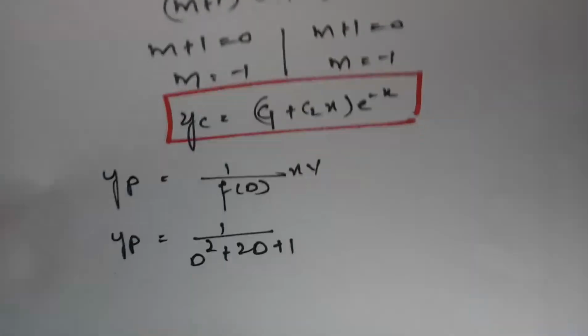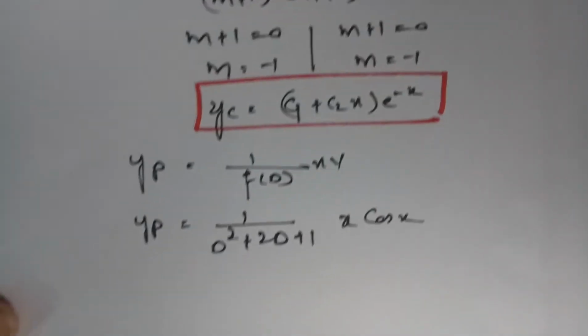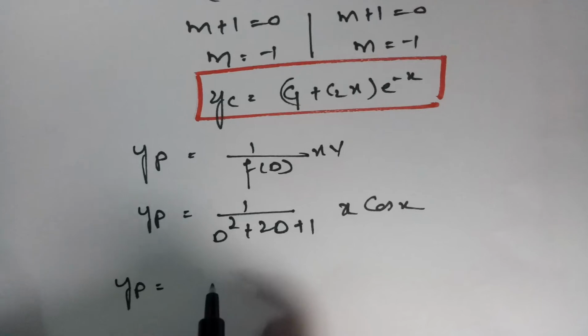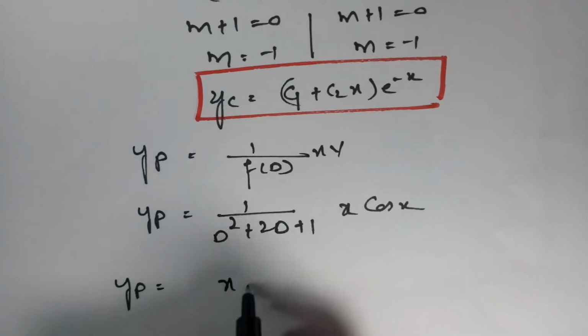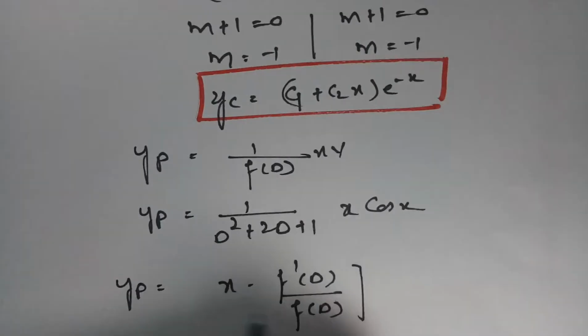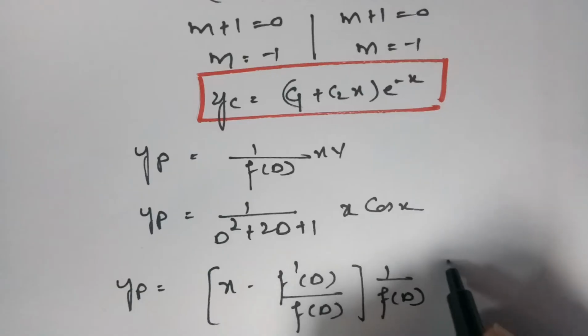Cos x. I'll write x into cos x. I have a formula to find this, that is x minus f dash of D by f of D into 1 by f of D into cos x.